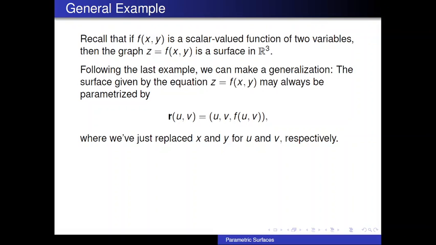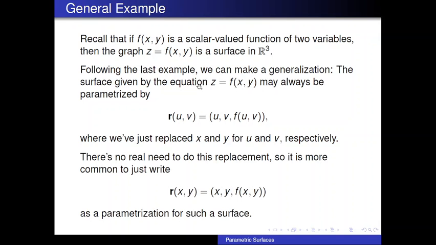If x and y play the same role in three-dimensional space that they would in the plane that's mapping to three-dimensional space, then you can forget any auxiliary dummy variables like u and v and just write this parameterization more plainly as little r of x,y equals x in the first component, y in the second component, and f of x,y in the third.